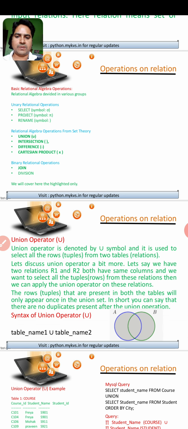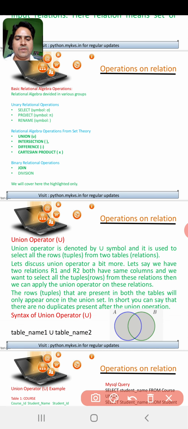The operations, as you all know, operations on relations, the first operation was union. Union operator denoted by U, but the query can also be applied on this. Here one thing you can see that the relational algebra operations are taken from set theory.